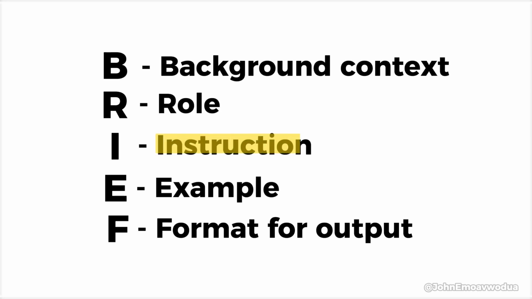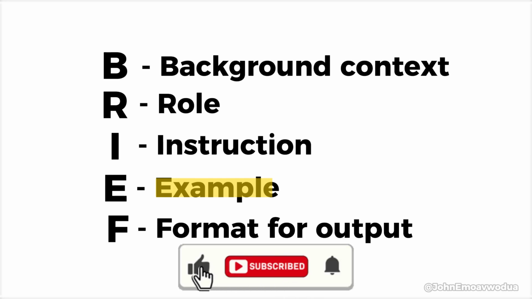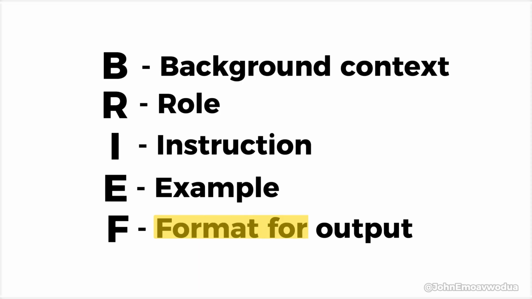This is what everybody does, asking AI to do something like write me an email, write me social media content. E is example. What are some of the examples of the output that you want the AI to emulate? Okay. The F is format. How do you want the AI software to format the output? In what form and what structure do you want the AI software to give you the output?